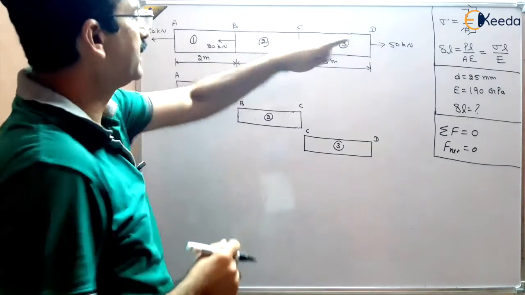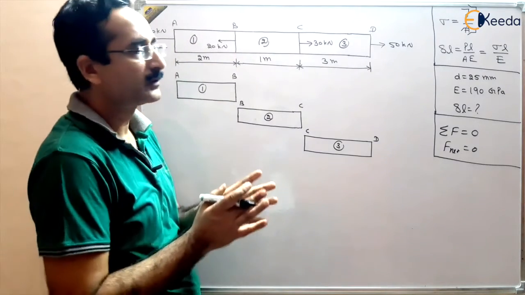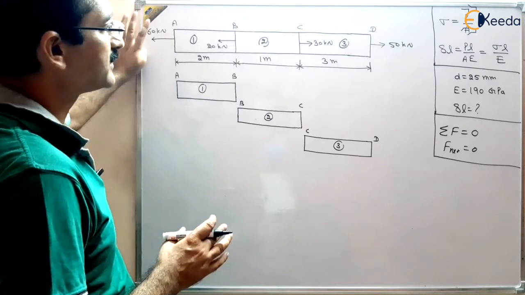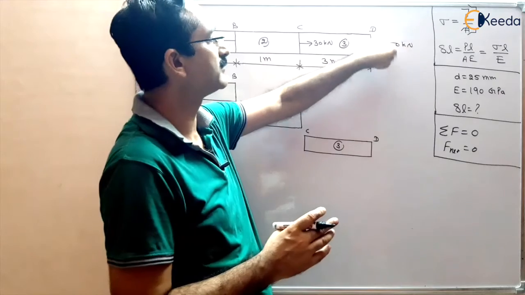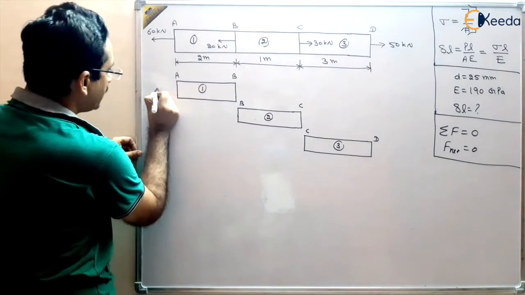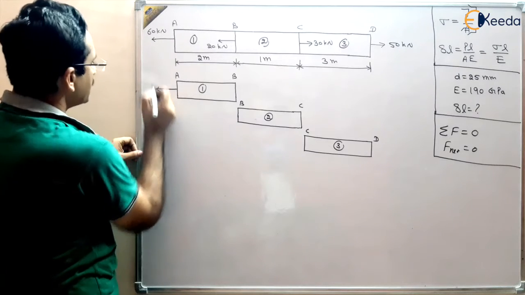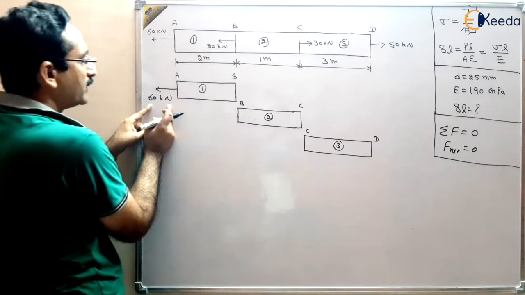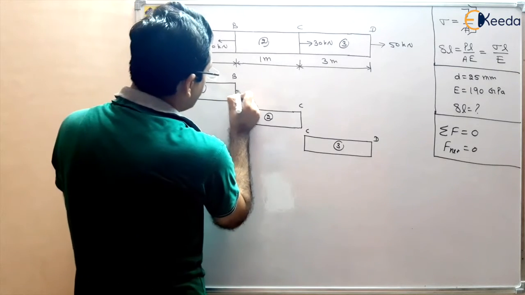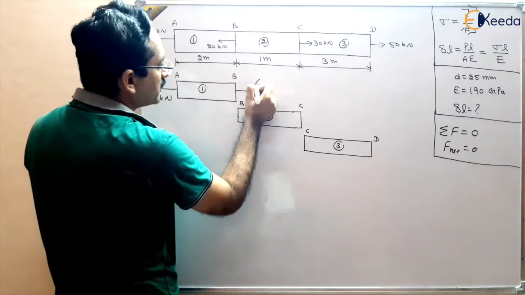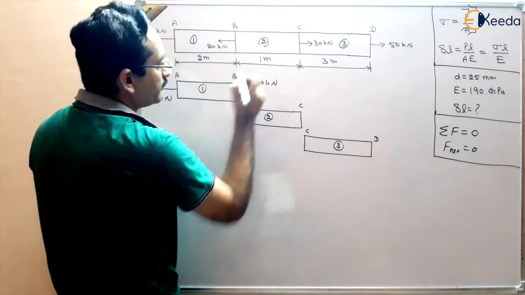But A and D have no common point. So at A the force is 60 kilonewton, so the force will remain 60 kilonewton, and here also the force will remain 50 kilonewton. So here we can safely write that force is 60 kilonewton. And if it is 60 kilonewton, there should be a force in this direction, so that the body is in static equilibrium. So this is also 60 kilonewton.